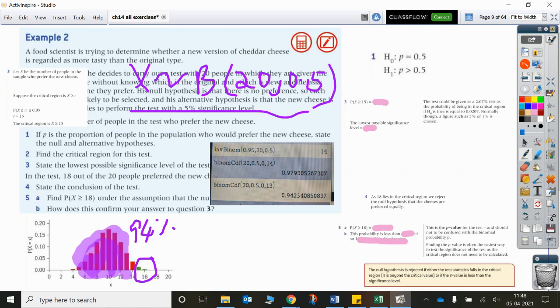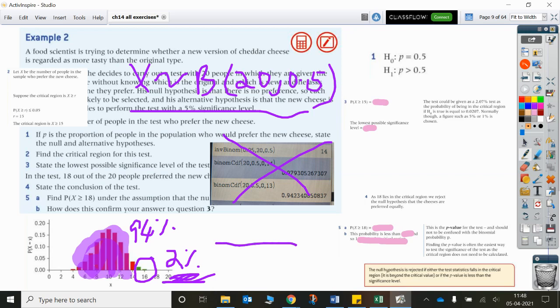This here is, what was that, something like 2%. And then we had a percentage in the middle for actually getting 14. Now, what we're interested in is getting the first time less than 5%. I would really do this with trial and error. Okay, so I wouldn't use inverse binomial distribution, not unless you're super confident as to what you're doing.